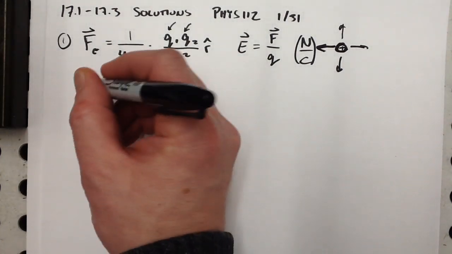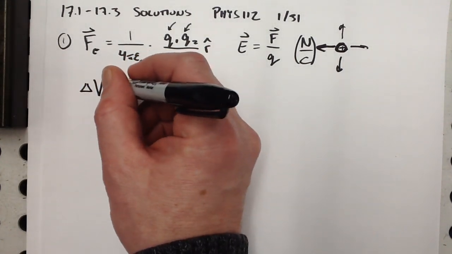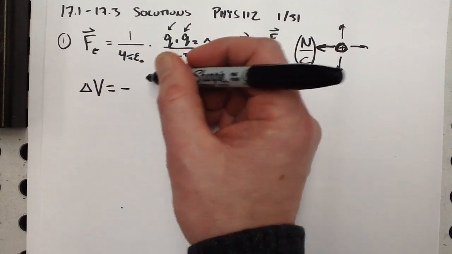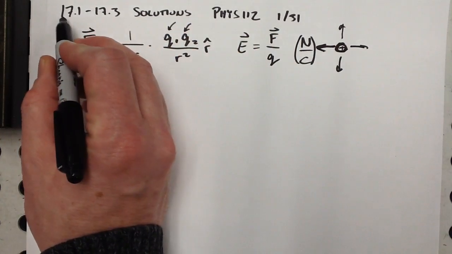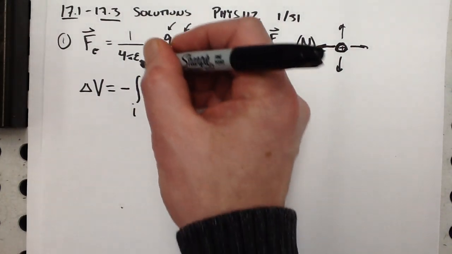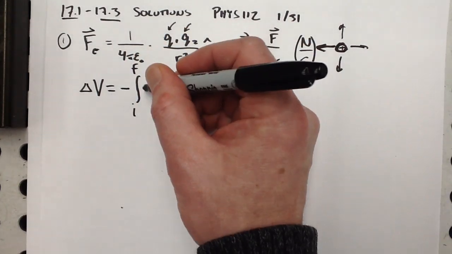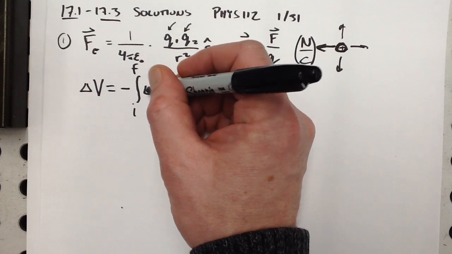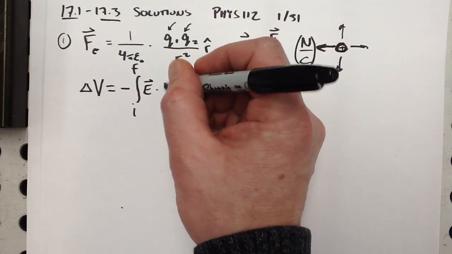So the next thing: if there was a most important thing from sections 17.1 to 17.3, where I was responsible for your notes, I think probably the most important new equation would be this one.